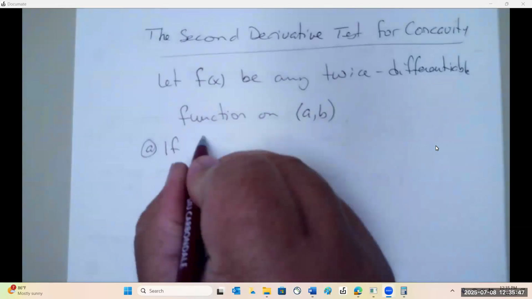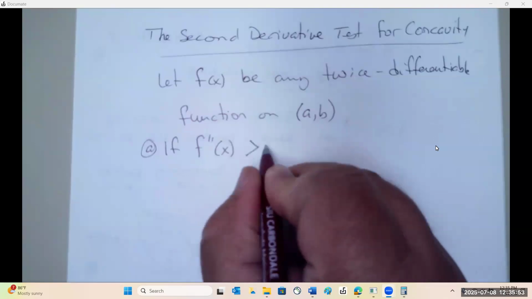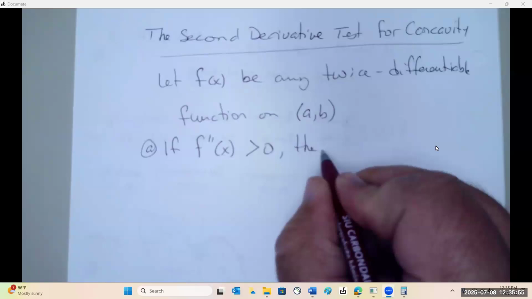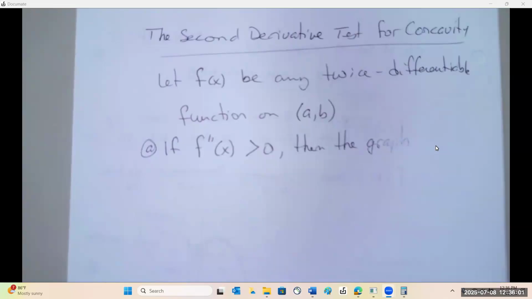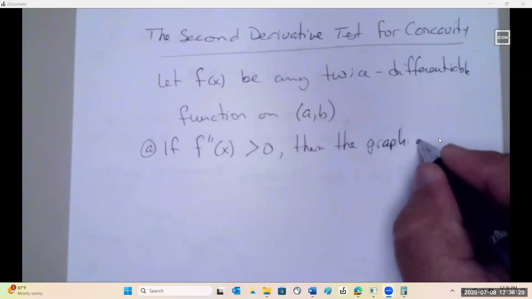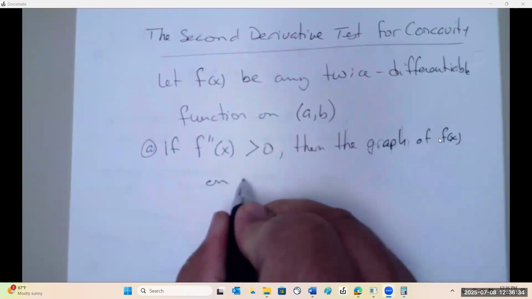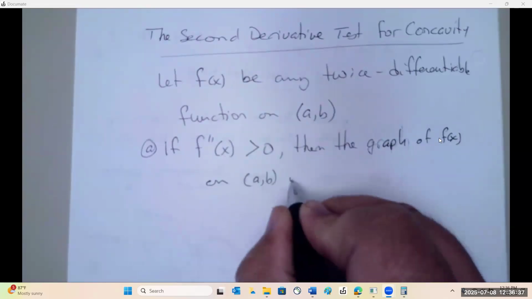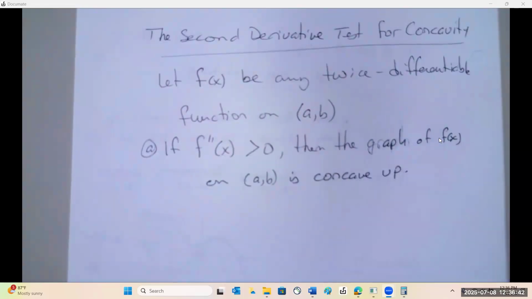If the second derivative is positive, then the graph of our function on that interval is concave up.